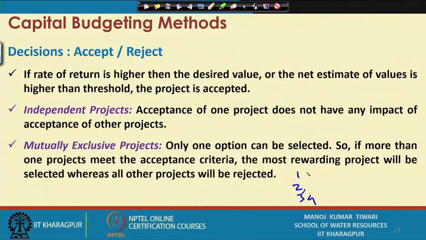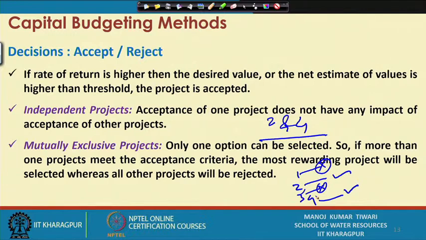When we analyze, we see that 1 may not be feasible, but 2 is okay, 3 again may not be feasible, but 4 is also okay. If they are independent projects, I can pass both 2 and 4 and go ahead with both, but if these are mutually exclusive projects, I may not pass both 2 and 4.